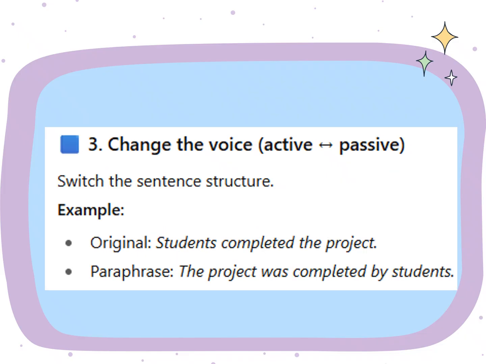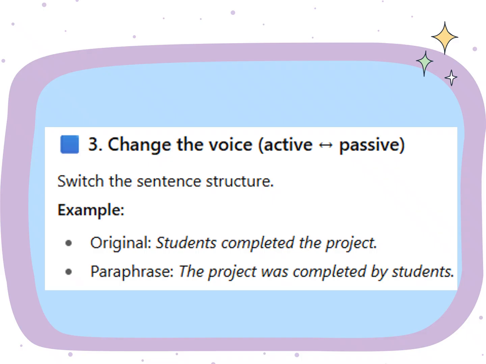We change the parts of speech. The third way to paraphrase is to change the voice. You can change the active voice to passive voice, or you can change the passive voice to active voice. When you change, remember you need to switch the sentence structure. For example, students completed the project.